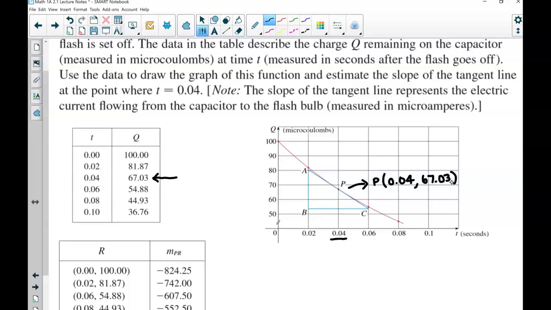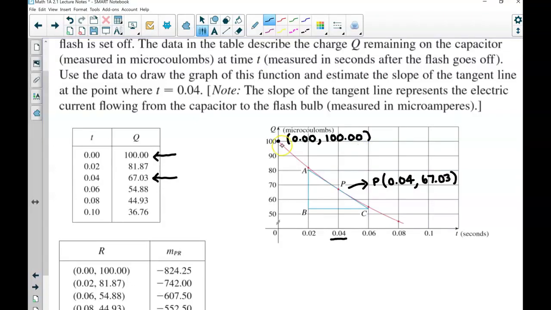But we don't have an equation in this example. We have other points in the table that's given. So what we can do is pick another point here at the beginning. So that's this 0, 100. So we can use that point to then determine what is the slope of that.